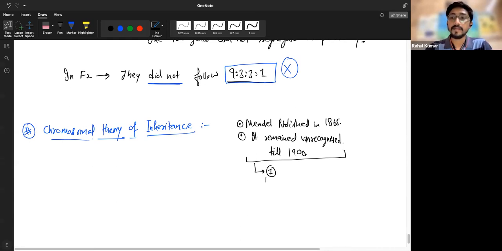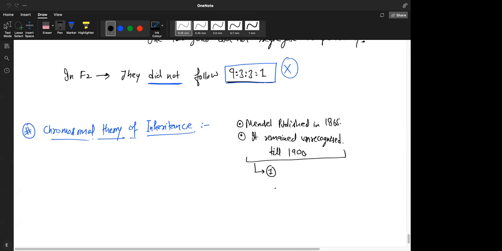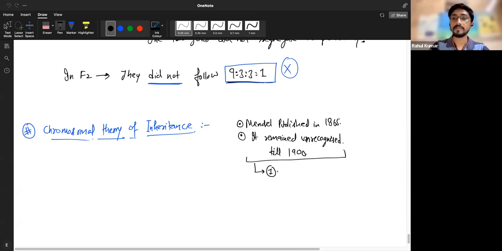The biologists of that time did not accept the explanation or the logic, because it was very new and not very popular. People at that time were not habituated to using mathematics to explain biology. Biology was a living science, nothing to do with mathematics.